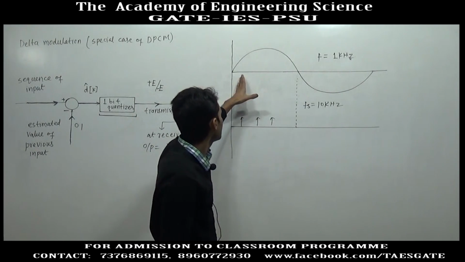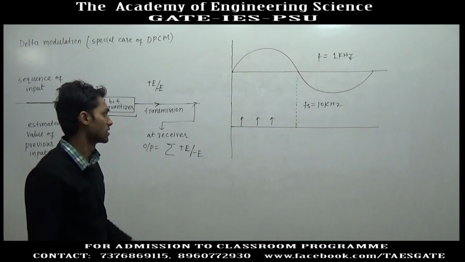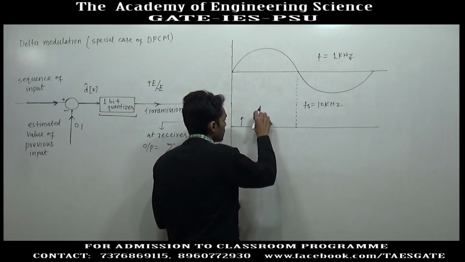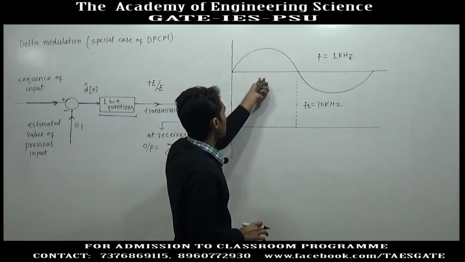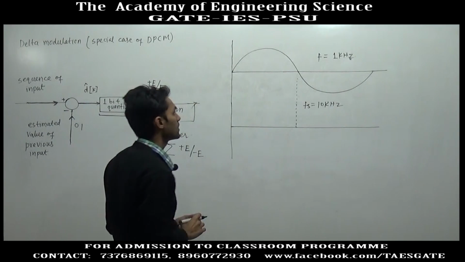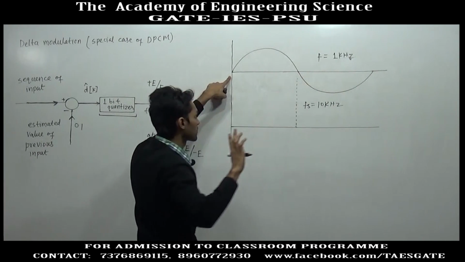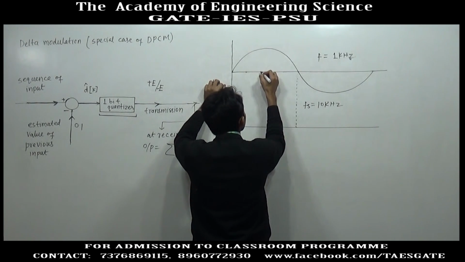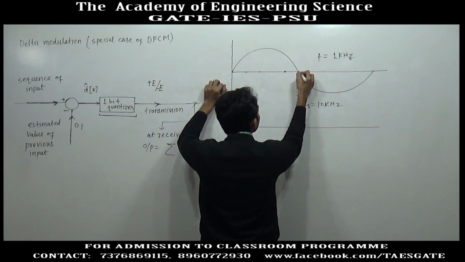Equivalently, we can say that in one cycle of the analog signal we will have 10 samples, because 10 impulses are present. So, instead of drawing impulses in this graph, I am drawing the samples of the original signal. In one time period or one cycle there are 10 samples of the original signal. So, in half cycle there will be 5 samples of the original signal. Suppose this is the first sample, this is second, third, fourth and fifth sample.